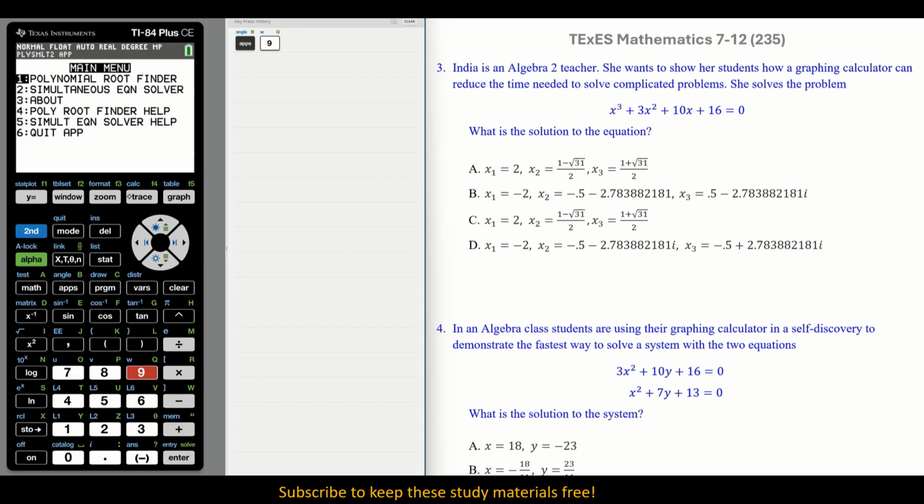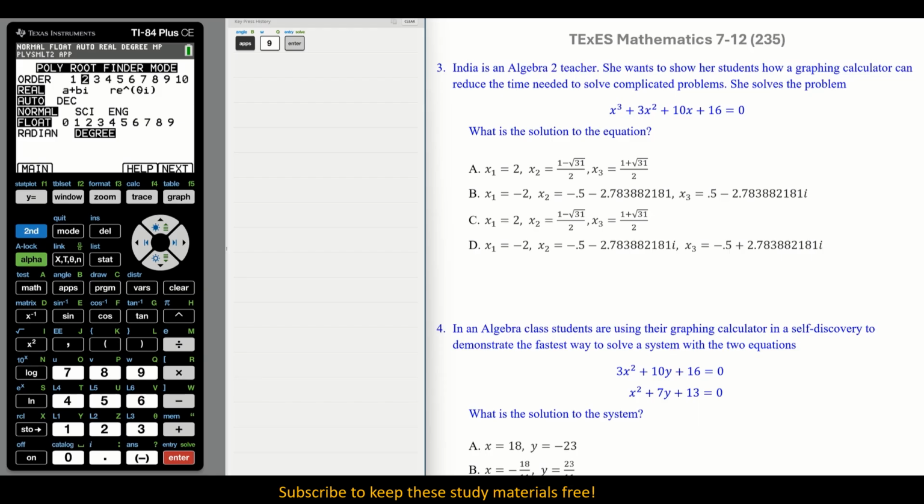That's polynomial root finder. So that means we can have higher order polynomials, higher than the second power, beyond your quadratic. Mine is set on second order, but I want third order because I have that 3 there.